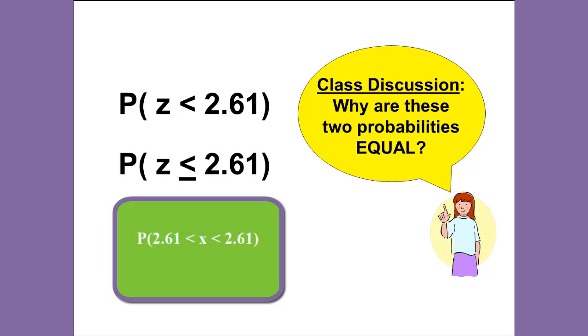Well, if we use the last technique in inequalities that we learned to find that probability, we would end up with a probability of 0, since that would be the probability of it being between 2.61 and 2.61, and the area of that would be subtracting the two areas from each other, which would be 0. Since adding a probability of 0 to the second statement wouldn't change the value, we can actually say that these two statements are equal.